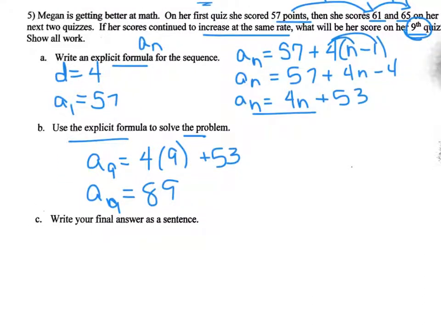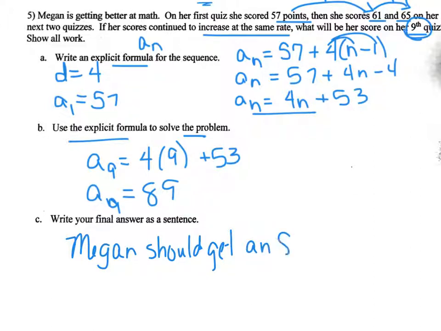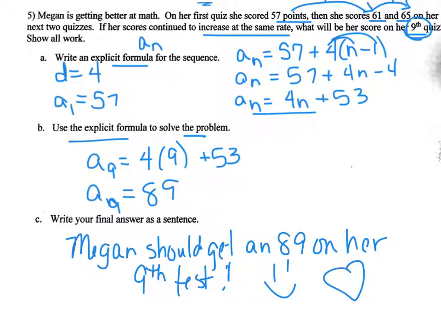It is always a good idea when you have a word problem to answer the word problem in words. So Megan should get an 89 on her 9th test. Good job, Megan. All right, have a great day.